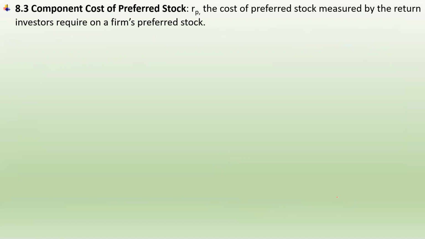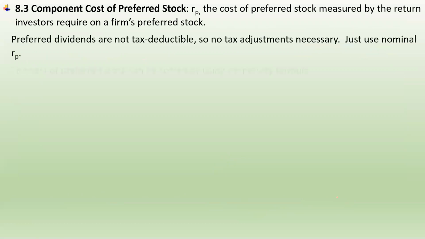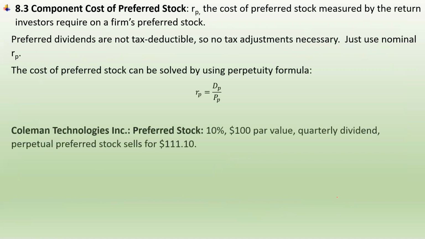Next component is preferred stock. So what's the cost for the firm to use the preferred stock? So remember, preferred stock is a perpetuity. The dividend is a perpetuity. So the interest rate for the preferred stock, we can solve by this formula.